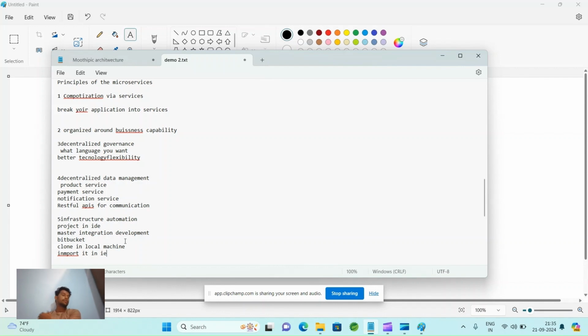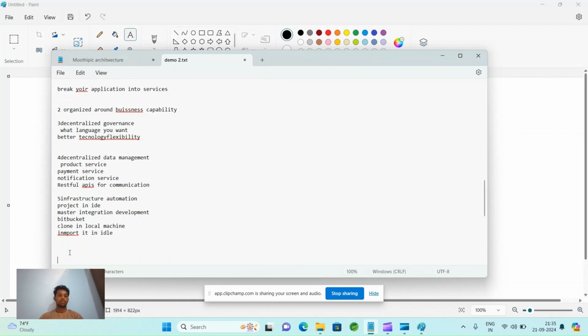There are lots of steps you have to perform manually. If it is one or two services you can do it manually, but with lots of services you cannot do it properly by hand. So automation is required for better maintenance and a better project.